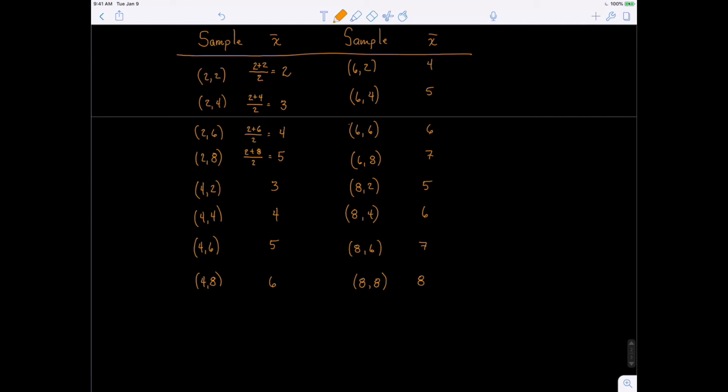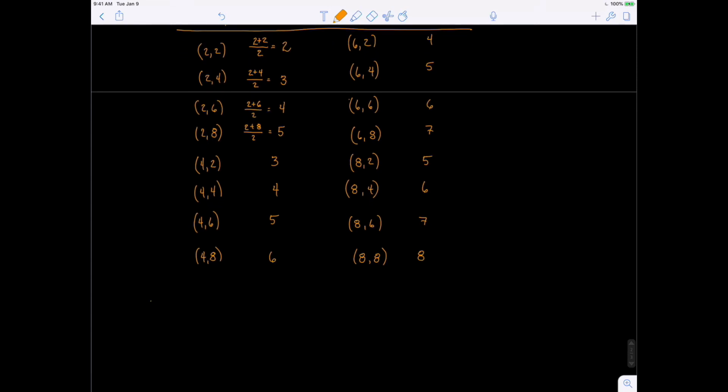The first thing is let's find the mean of the sample means. The mean of the sample means.